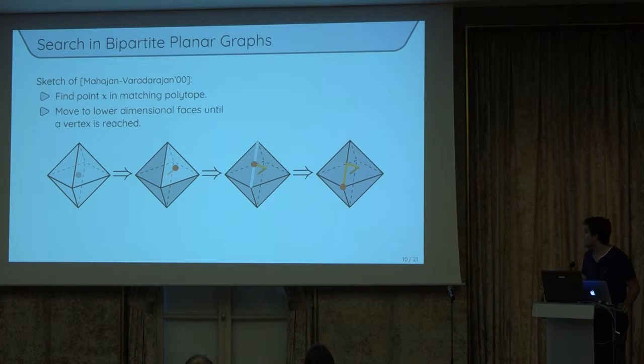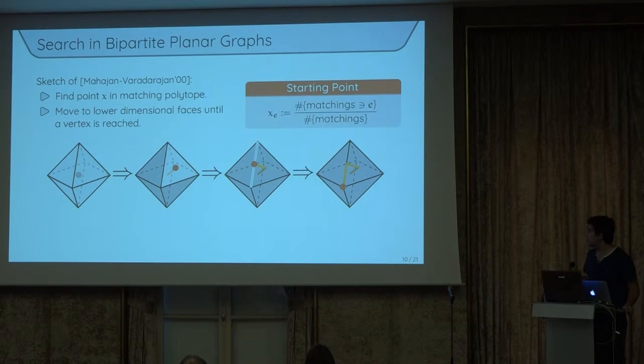They use counting to find a point inside of this polytope. And then they use some tricks to move to lower dimensional faces of this polytope until they basically reach a vertex, which is a perfect matching. And the only place that they used counting was to find this initial point.